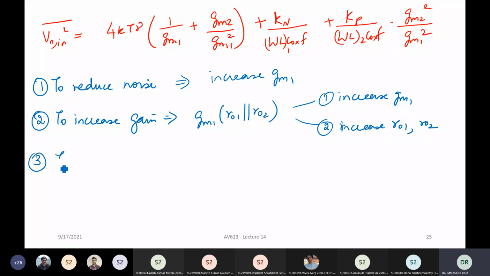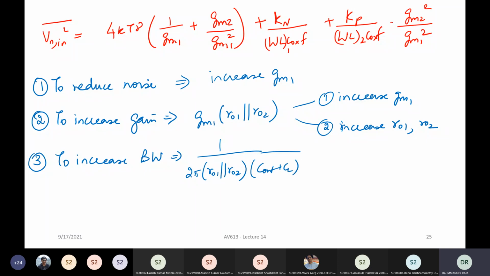Now, on the other hand, to increase bandwidth, what can you do? We saw your bandwidth is 1 by 2 pi (R01 parallel to R02) multiplied by (C out plus CL), right? CL is fixed, you cannot do anything about it. The only way is by reducing R01 and R02.